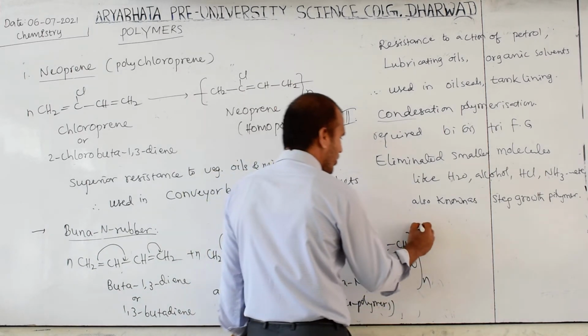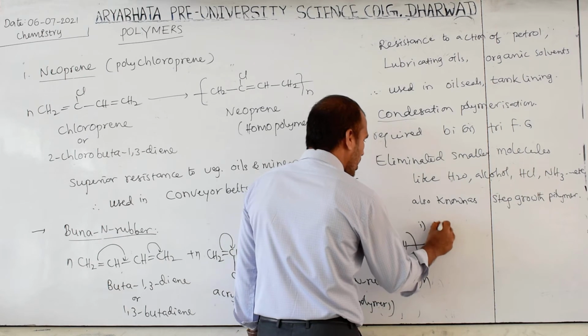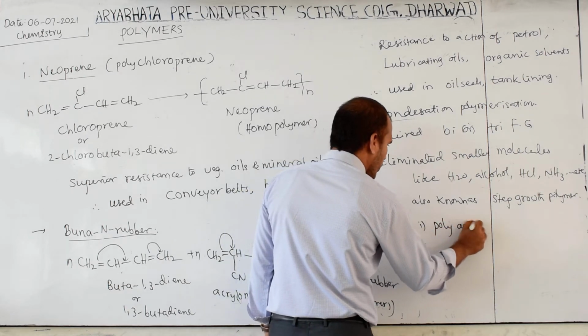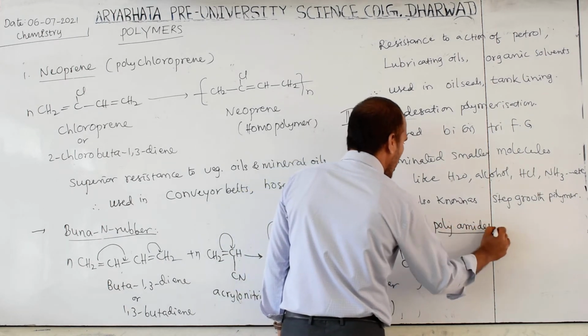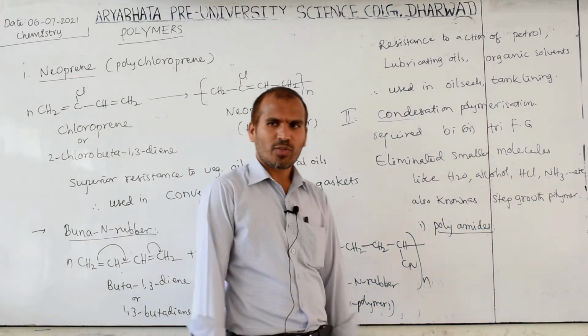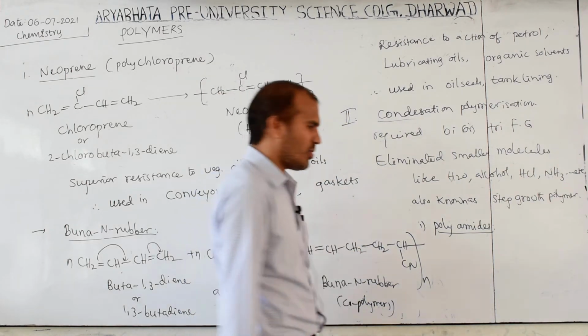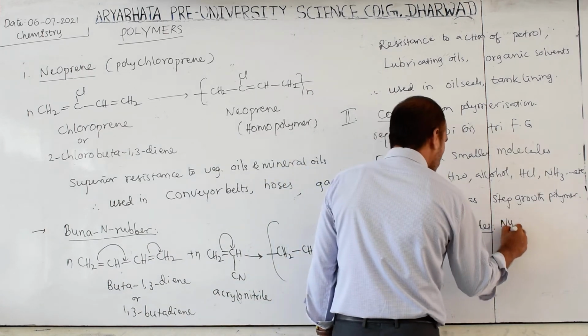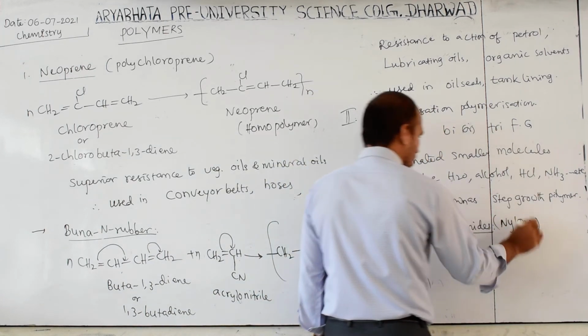So now, in that, the first one is polyamide. Polyamides are known as which one? Amide bond is there. Last class I told you that you have to remember nylon. So note down, these are nylons. Okay.